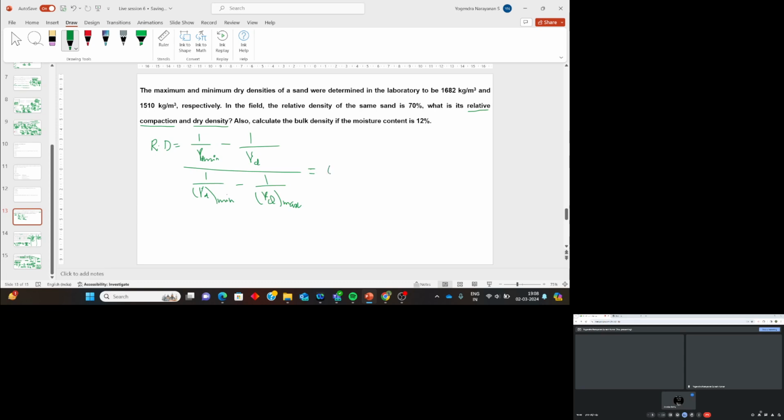How much are you getting? 0.7 is equal to 1 by 1510 minus 1 by gamma d, divided by 1 by 1510 minus 1 by 1682. How much are you getting?